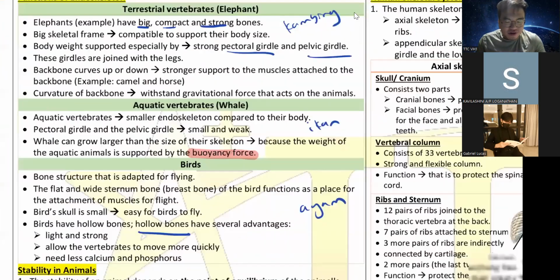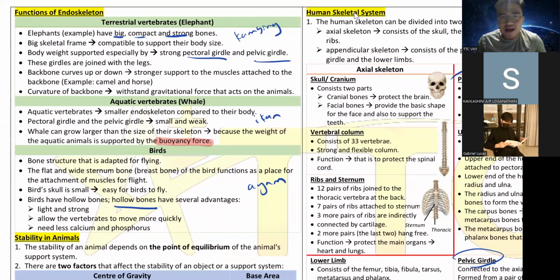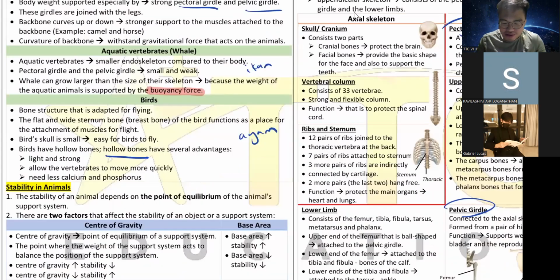Then you have different types of endo animals. Terrestrial land animals, like your mutton curry, have strong bones. Fish curry has small bones because of buoyancy. Chicken curry has hollow bones, bigger than fish but smaller than mutton.